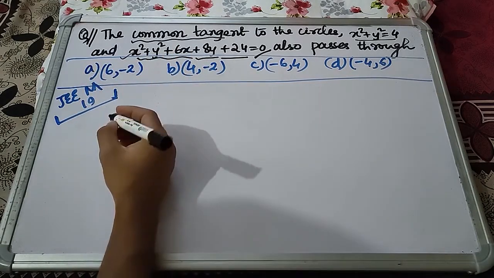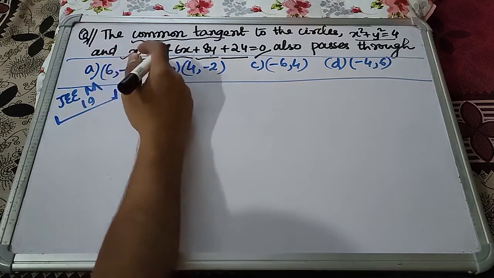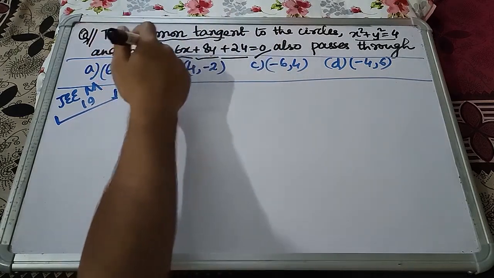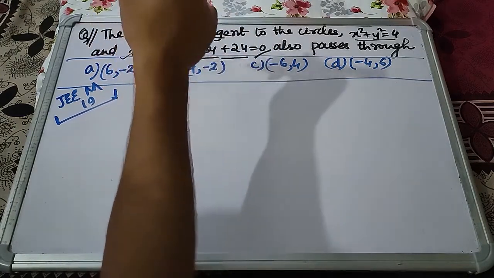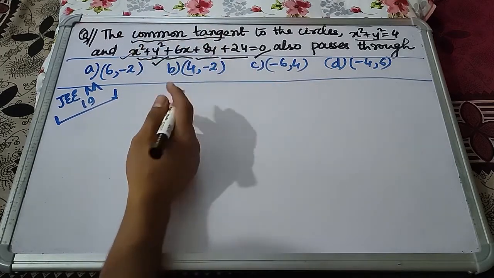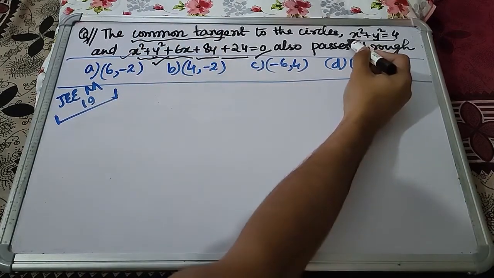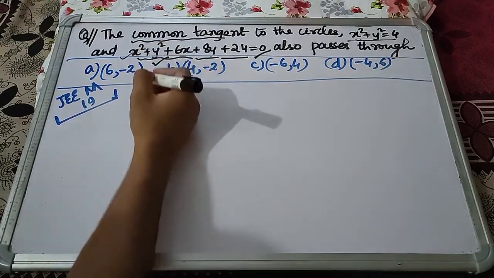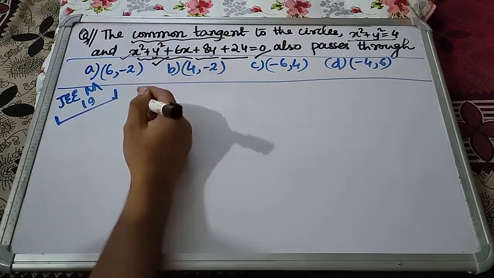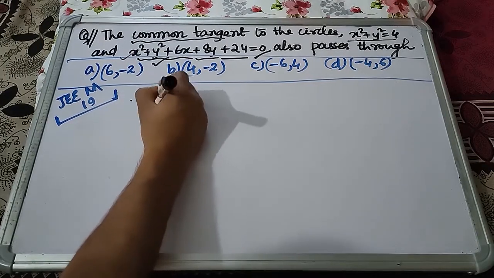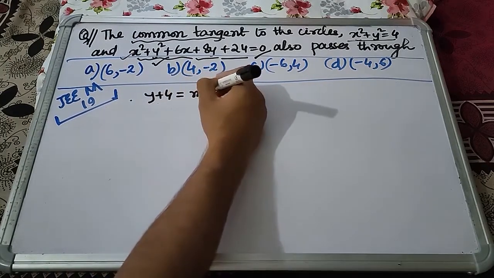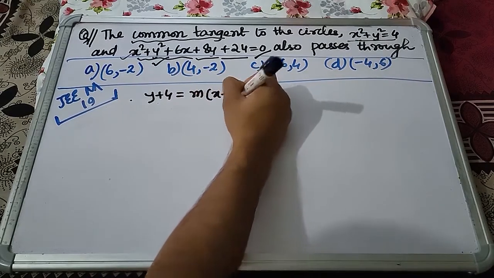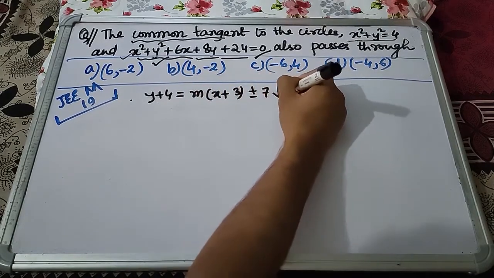As we already found the equation of the tangent in slope format to this circle, what we need to do is find the equation of the tangent to the other circle and equate both of them. So what was the tangent for this one? It was y plus 4 equals m into x plus 3 plus minus 7 into root under 1 plus m square.